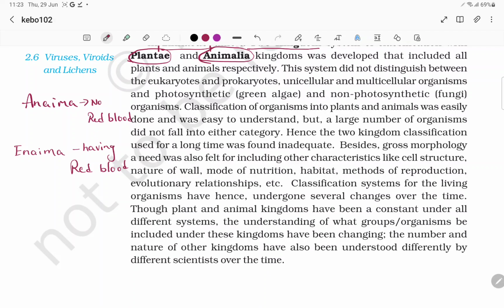So in plants, what he did was include the bacteria, blue-green algae, fungi, algae, bryophytes, pteridophytes, angiosperms and gymnosperms.